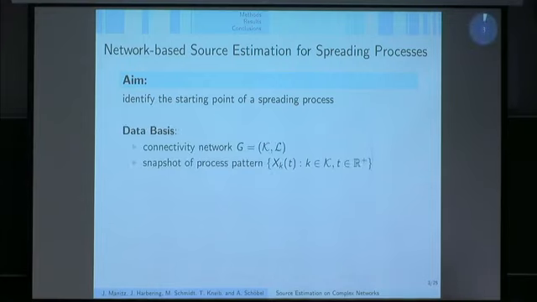We assume a very simple database, which is just a network graph with nodes k, linked by links L. And we only have a snapshot of a spreading pattern. This spreading pattern is observed so that we have observations at each network node k at a time t.